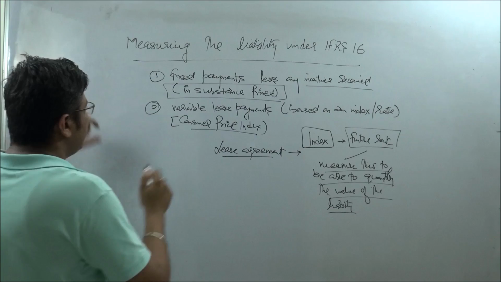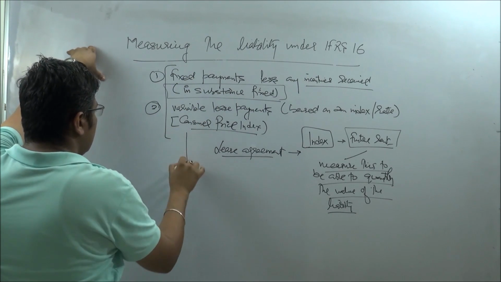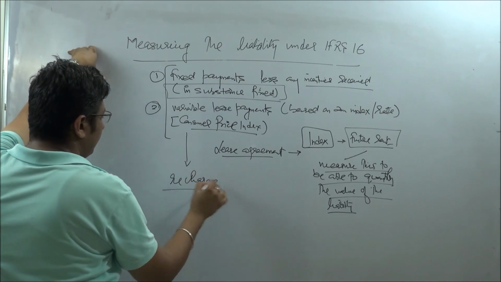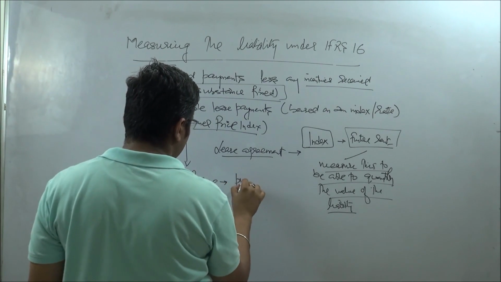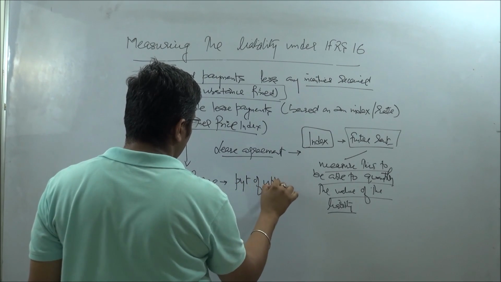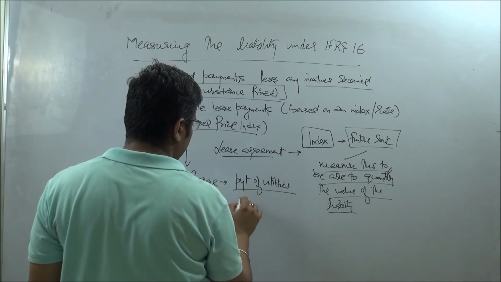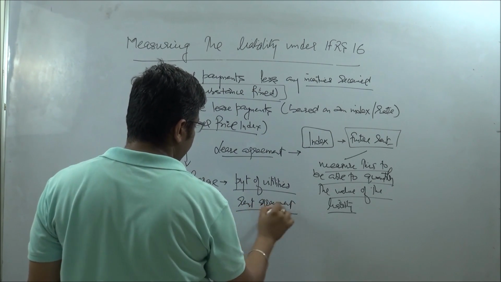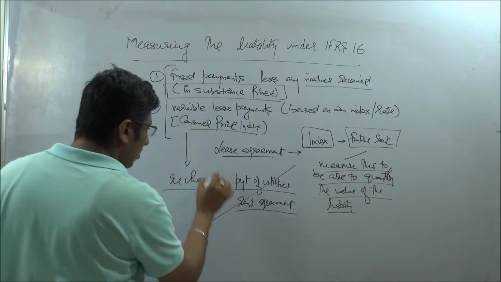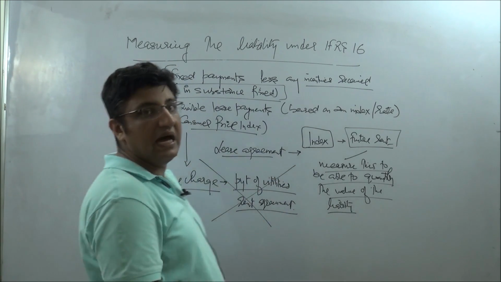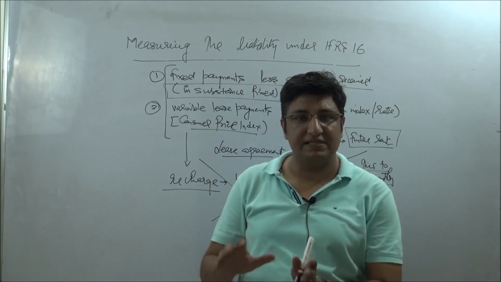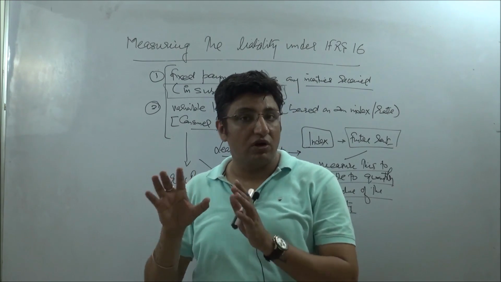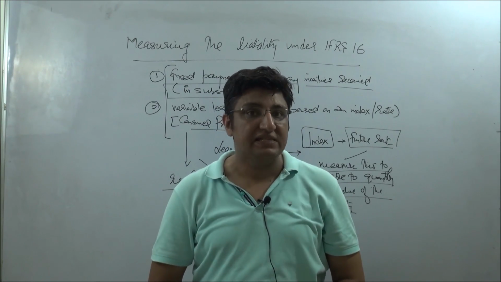Please bear in mind that if these payments are more of a recharge, right? For example, let's say payment of utilities or for the rent agreement registration, etc. These are not covered as a part of your lease liability. So something that does not accrue to the owner or the lessor would not form a part of your lease liability, right?